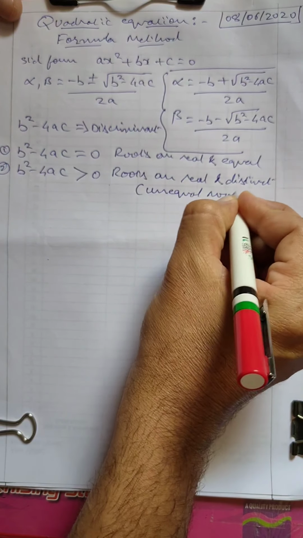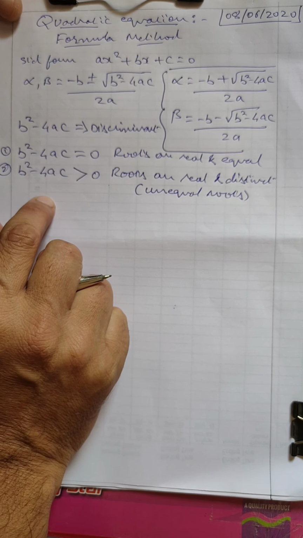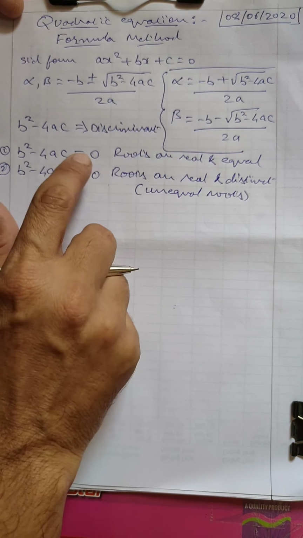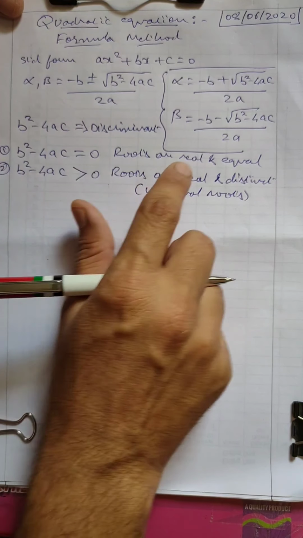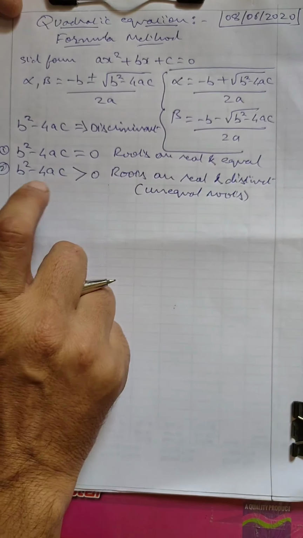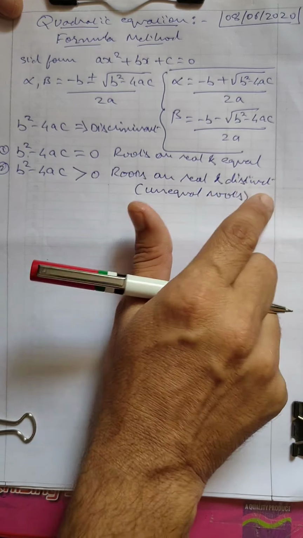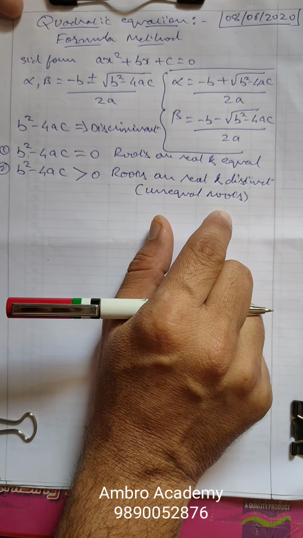That means if these two conditions are satisfied, we can say roots exist. If b square minus 4ac is equal to 0, roots are real and equal, meaning we are getting the same roots. If b square minus 4ac is greater than 0, roots are real and distinct, that means unequal roots.